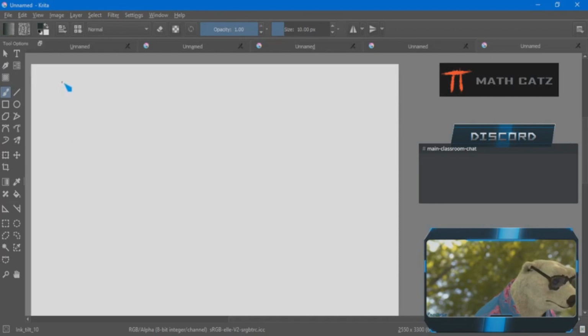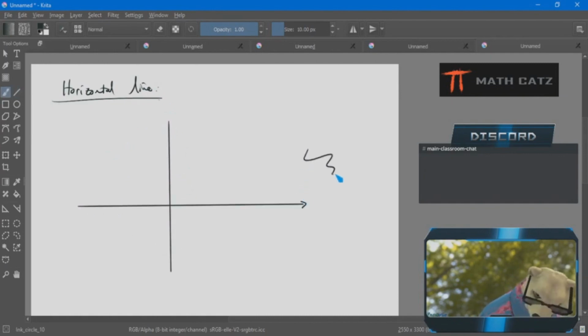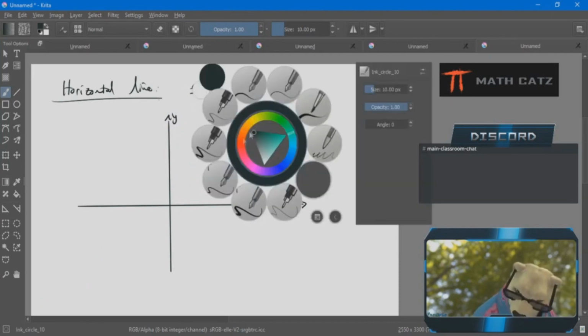So we have two special kinds of lines: horizontal straight line. I'll graph it. Let's make it pink or something.